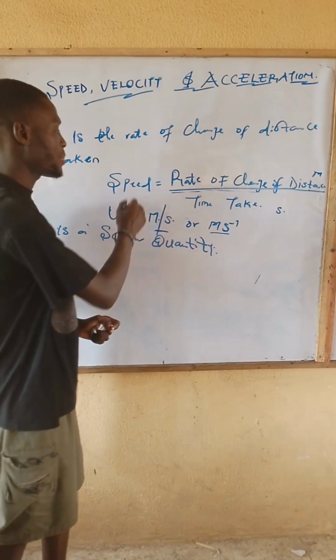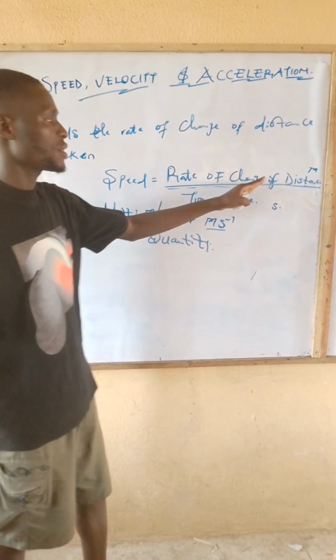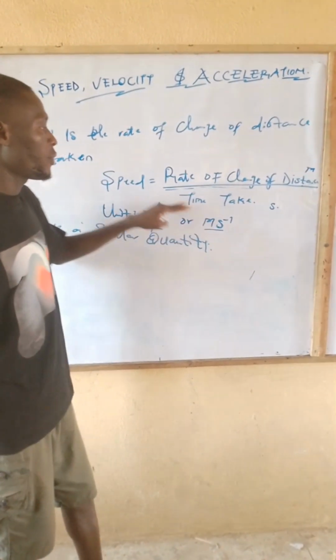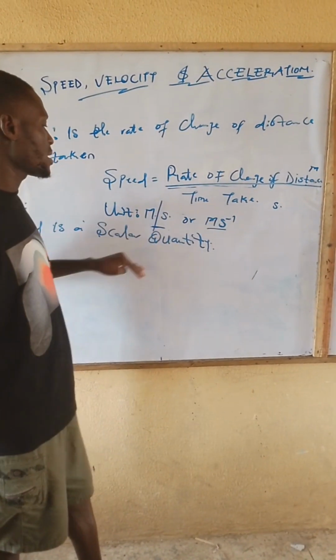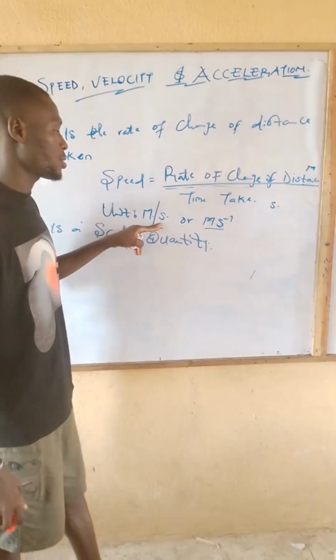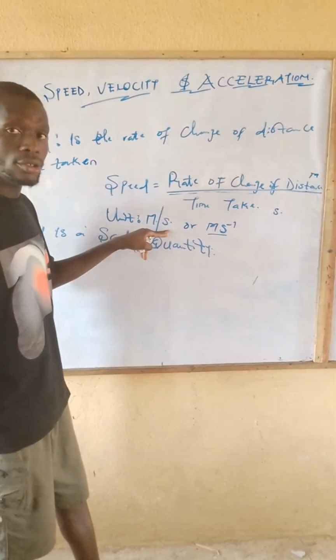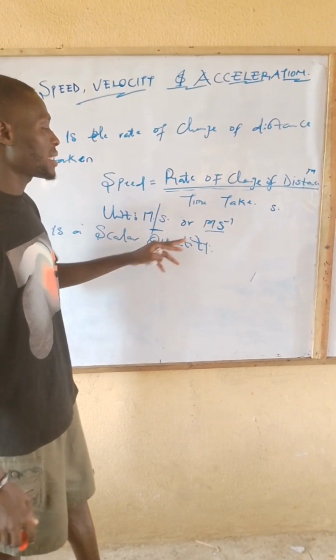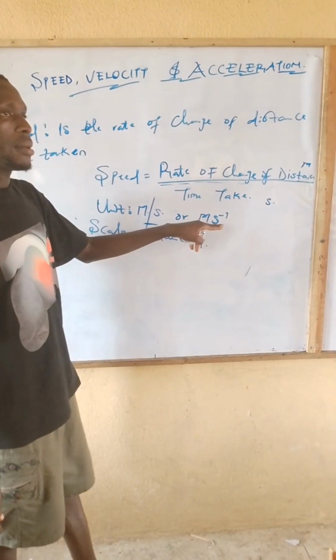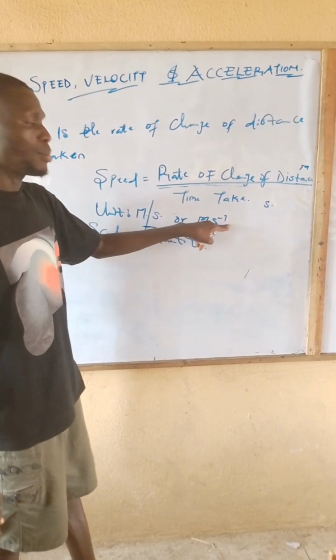Then I said speed equals the rate of change of distance all over time taken. And this unit is either meters per second, or you write it as meter second raised to power minus 1.